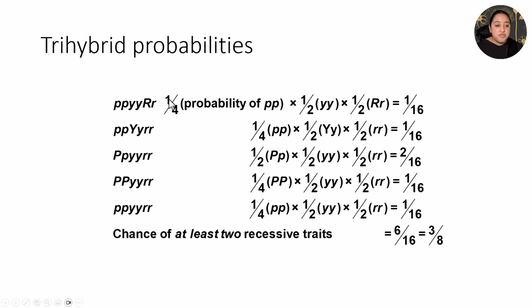And then same for even more. So you don't even have to do a trihybrid cross. You could just, again, multiply the probability of this case happening times the probability of this case happening times the probability of this case happening. And then that gives you the total.